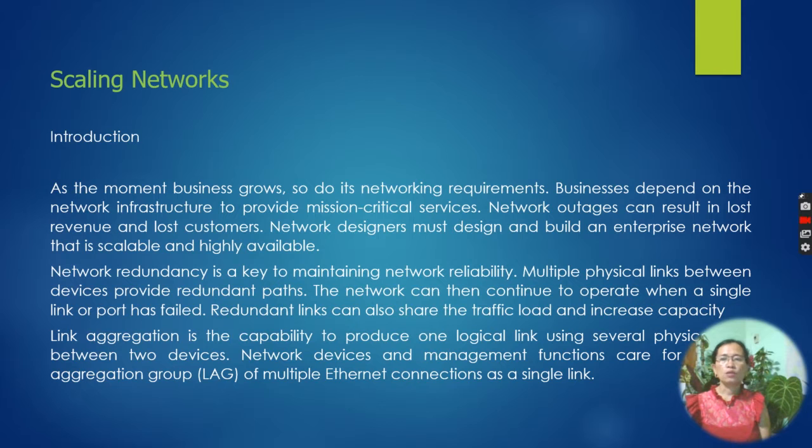Redundant links can also share the traffic load and increase capacity. Link aggregation is the capability to produce one logical link using several physical links between two devices. Network devices and management functions treat the aggregation group of multiple Ethernet connections as a single link.